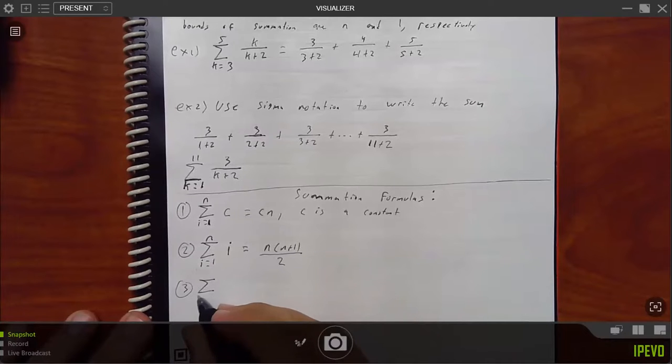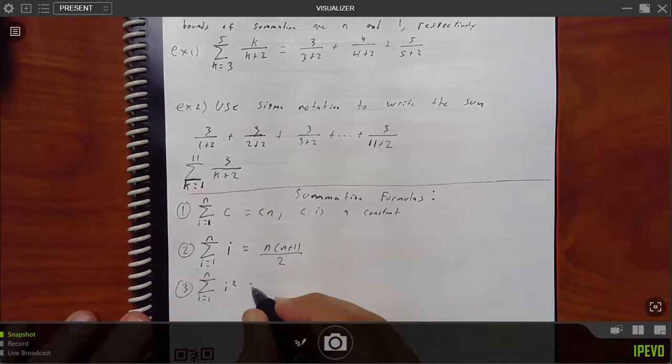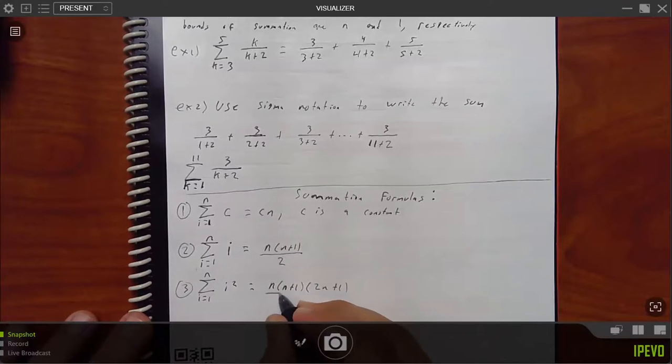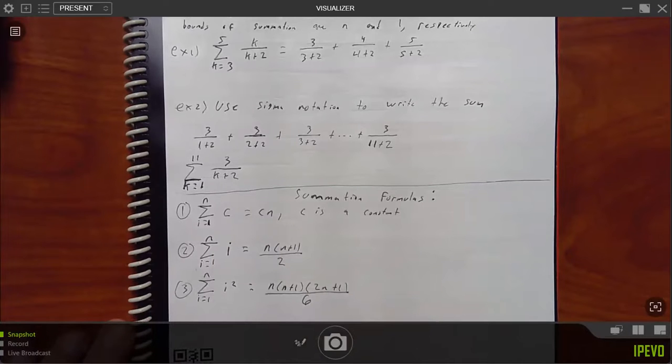Now, if you're adding the square of the index until n, it's going to be equal to n times n plus 1 times 2n plus 1, over 6.